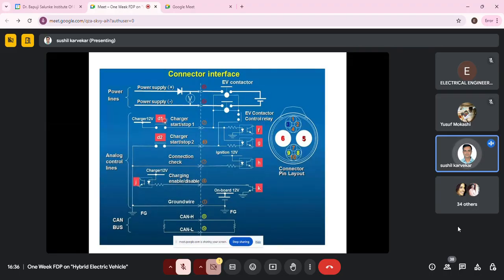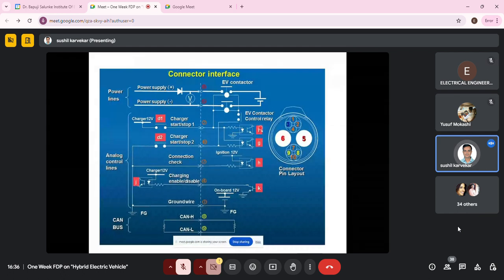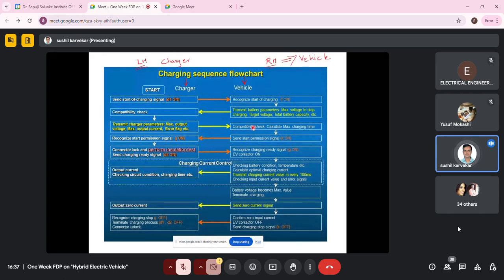From this we are going to initiate a start of charging signal. Now the vehicle is going to recognize this start of charging. Through this F signal, it recognizes that the charger is connected and the electric connection is established properly.